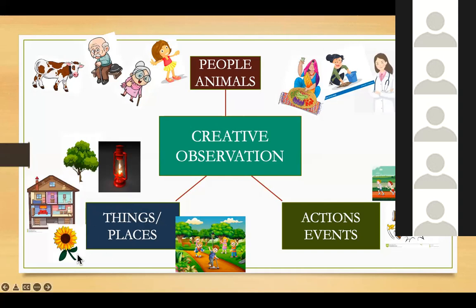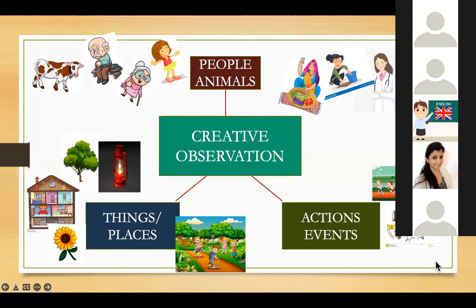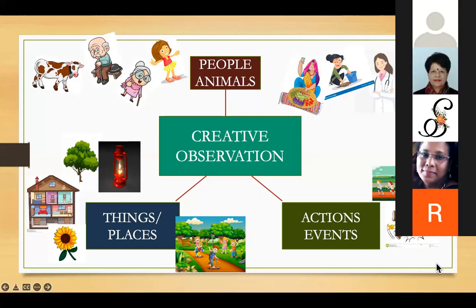Anyone would like to describe this flower here? Creative observation. Ma'am, it's a happy yellow sunflower dancing. Sunflower faces the sun, always it faces the sun. Radiant yellow.